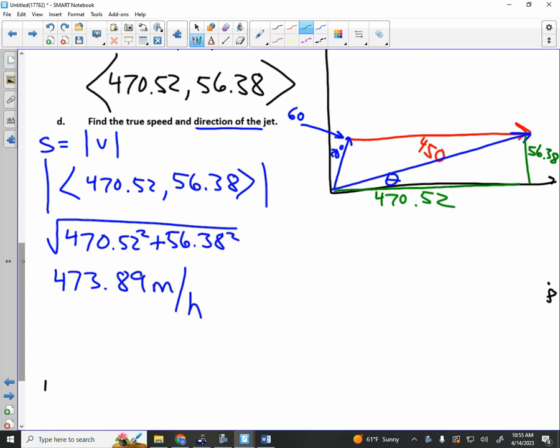Yes. What? Tangent. Tangent of theta is equal to what? 56.38 divided by 470.52.